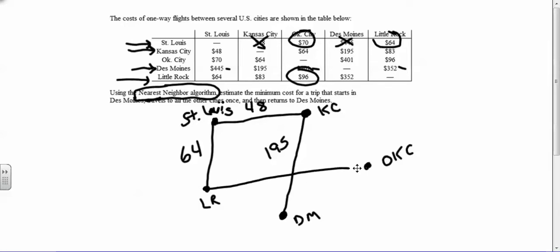So you have to go to Oklahoma City. Because remember, this is a Hamilton circuit, so we want to visit each vertex or city. We don't want to use every single edge between all of them. We want to just visit each vertex at the lowest cost. And then we're stuck. Once we're in Oklahoma City, we have to go back to Des Moines, and that's where it hits our wallet, 401.